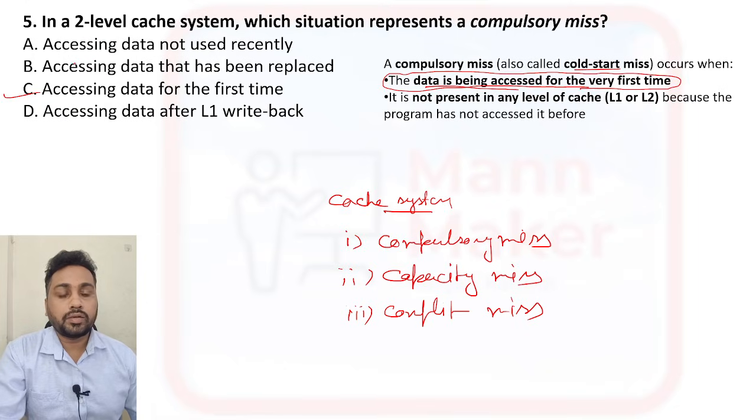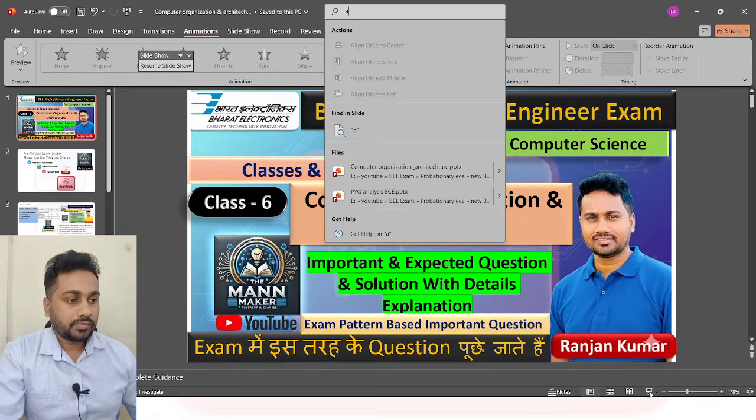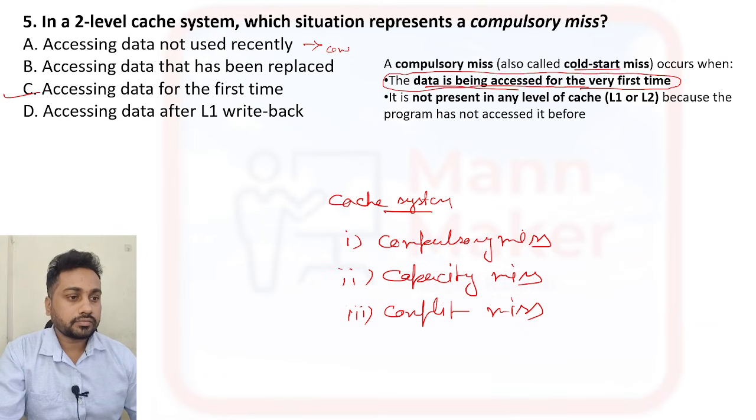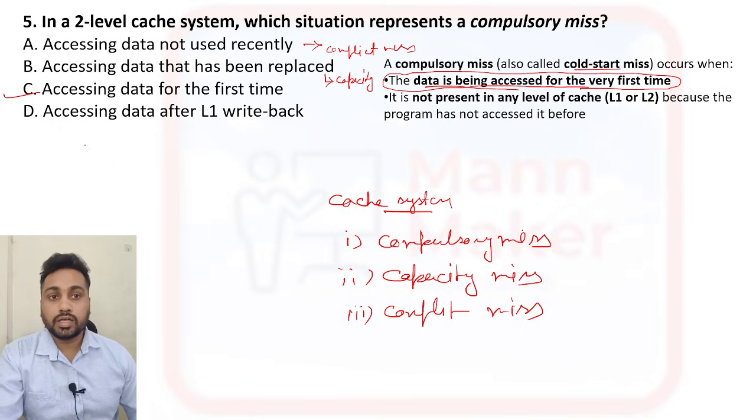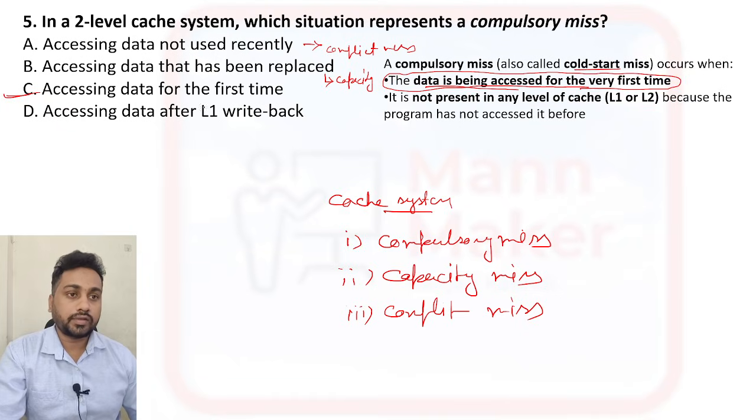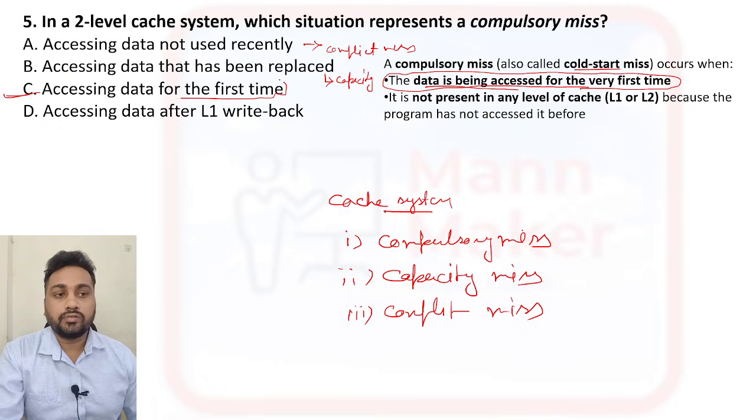Apart from that, accessing data not used recently is related to conflict miss. Then accessing data that has been replaced is related to capacity miss. So option C is our right answer.